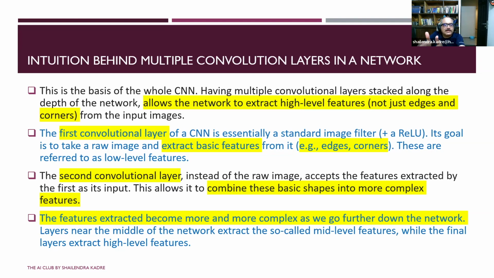So it allows combining basic shapes into more complex features. Edges and basic features are extracted by the first convolution layer, and the second convolution layers extract more complex features. The features extracted become more and more complex as we go further down the network.